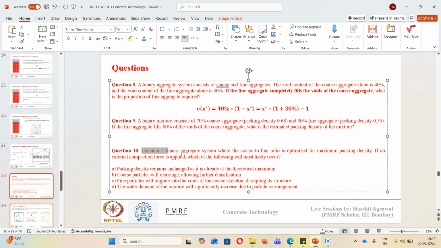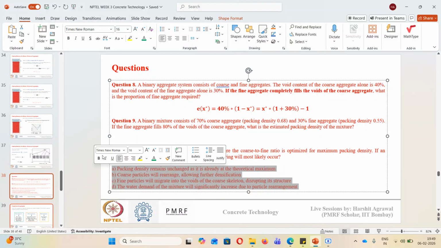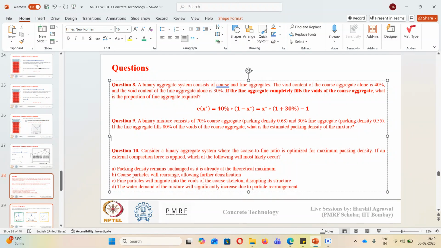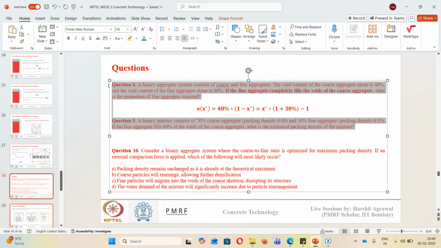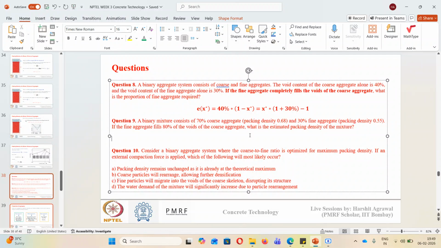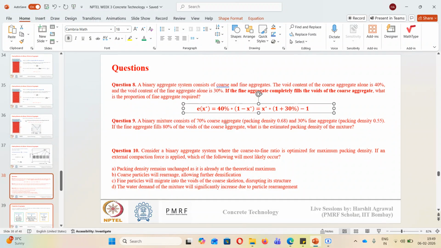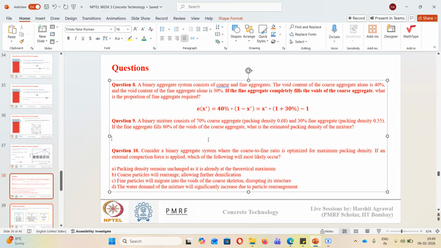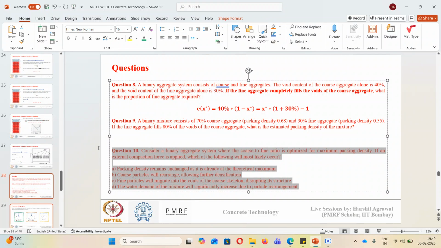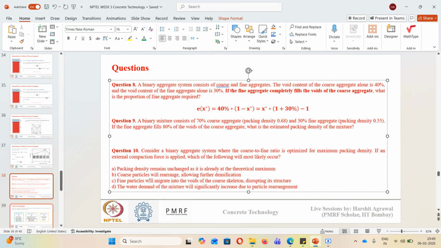And in the meantime, think about question number 10 also, which is an MCQ type. I guess you should not expect these kinds of questions in an assignment or in the exam, because they require you to remember the equation or a little bit of theory. But questions based on what happens if I add A to B or B to A, whether it will densify or not, can come up in the exam.